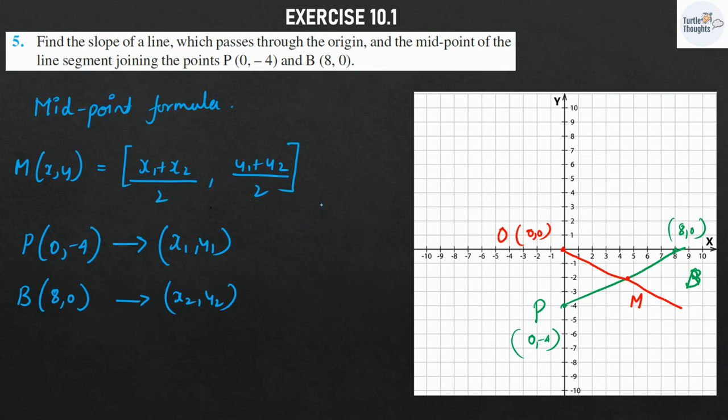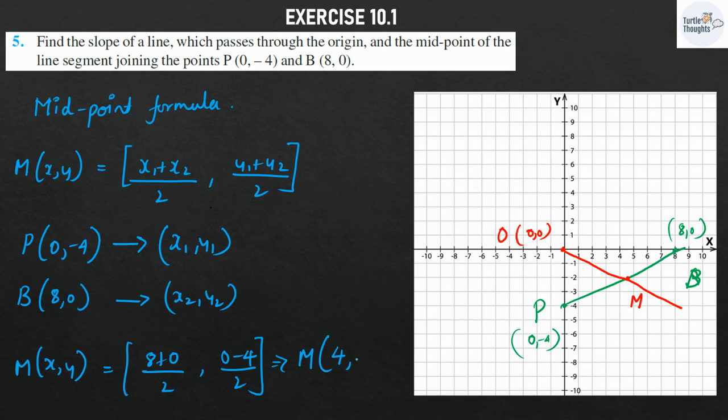Upon solving, I'll be getting the coordinate of M. So M x comma y can be written as x1 plus x2, which is 8 plus 0 over 2 comma 0 minus 4 over 2. So I will be getting the coordinates of M as 4 comma minus 2.